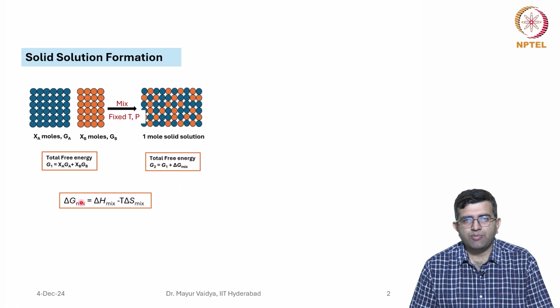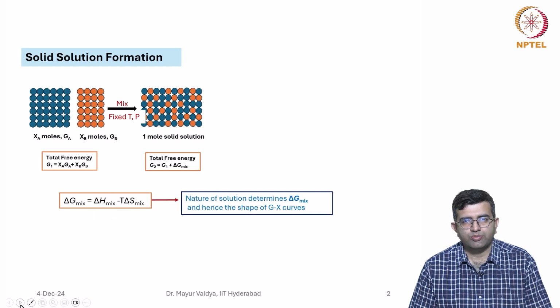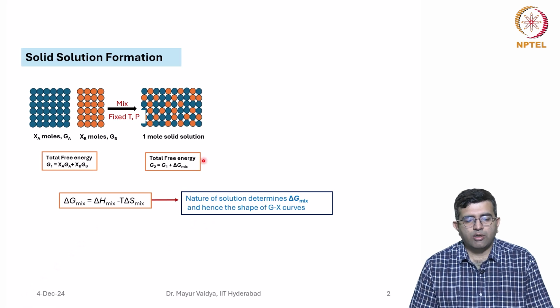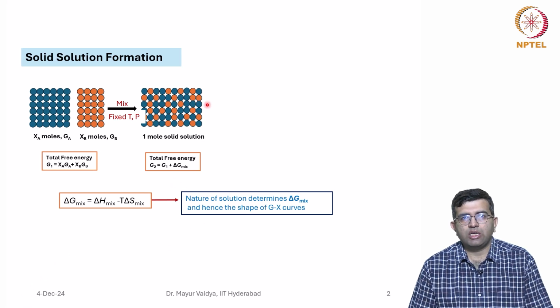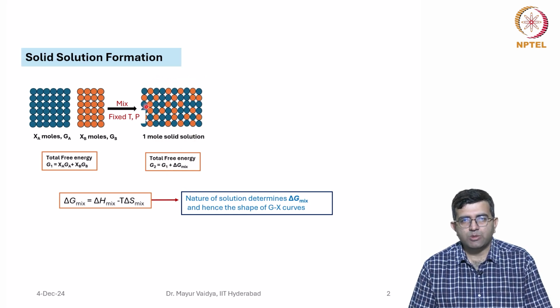Now this delta G mix can be further broken down into delta H mix minus T delta S mix, because you might know that free energy consists of enthalpy and the entropy change. What the value of delta G will be is determined by the nature of the solution itself, that is, how the interaction between the atoms in the solid solution will determine the nature of this delta G mix.